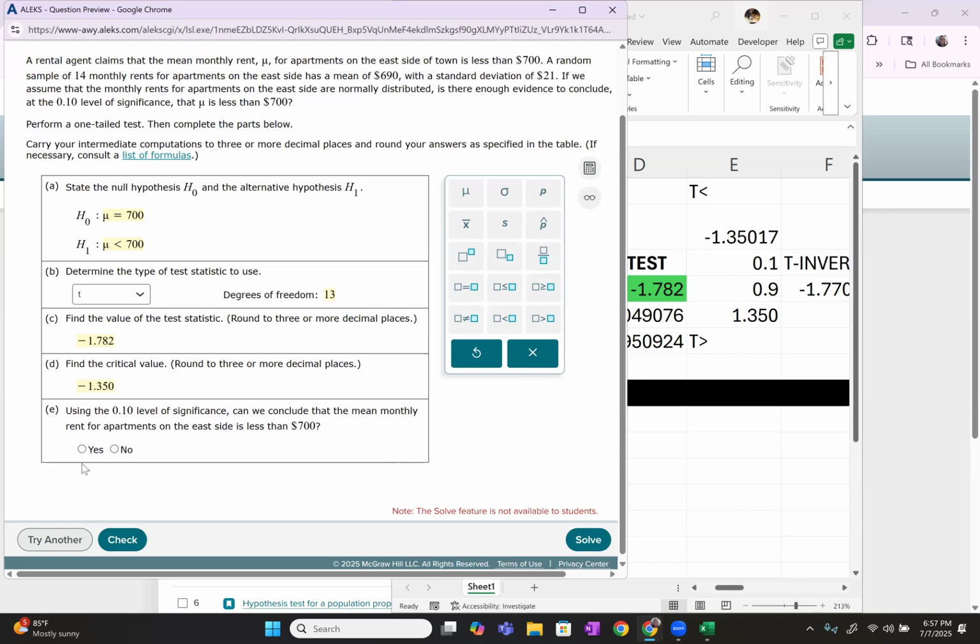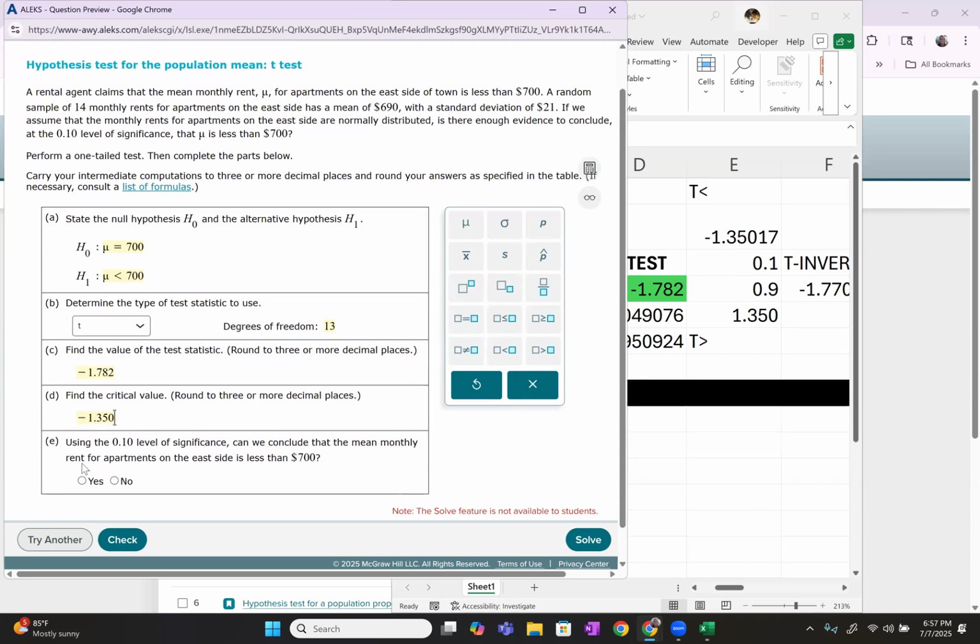So based on this, is it true to conclude that the mean is less than 700? Remember, draw the normal distribution. Absolute value of 1.782, absolute value of 1.35. If OV is greater than CV, we reject the null.